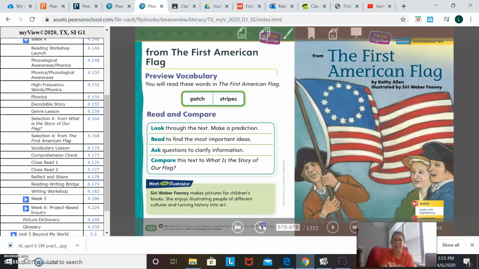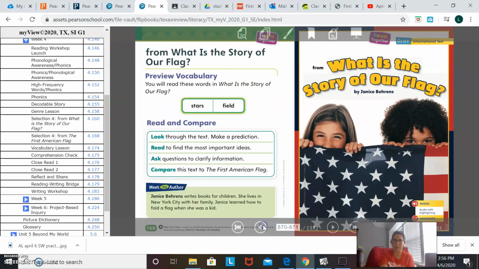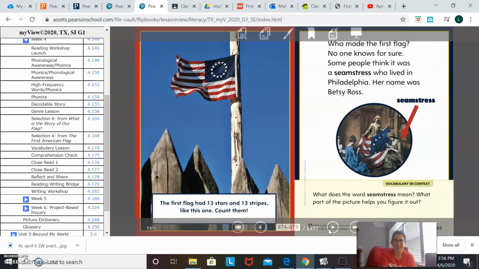So, we are done reading about our flag. Let's just go back through the book. What are these called here that tell more about the picture? And here too. Remember those are called labels. We have another label here pointing to this person here.